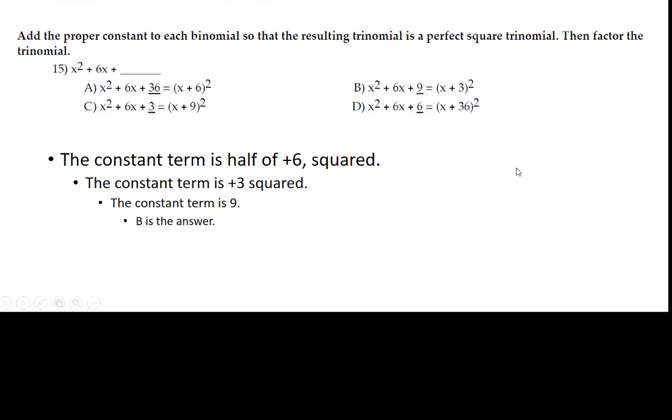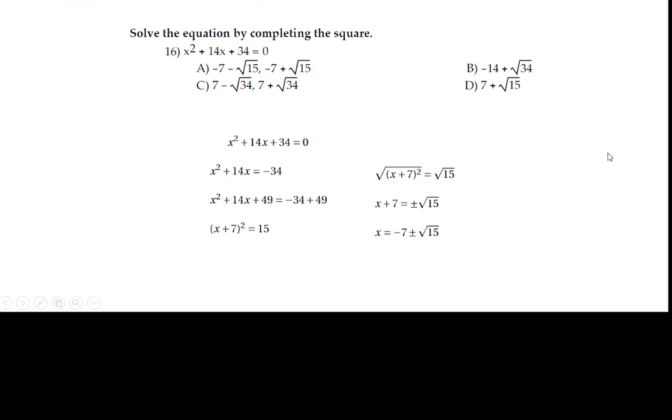Number 16. Solve the equation by completing the square. We have x squared plus 14x plus 34 equals 0. We're going to start by moving the constant term over to the other side. x squared plus 14x equals -34. Half of 14 is 7. 7 squared is 49.